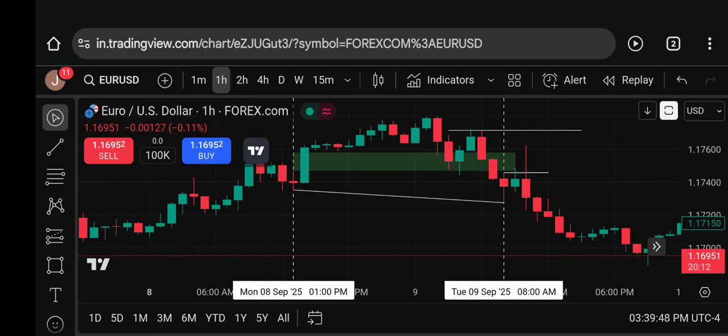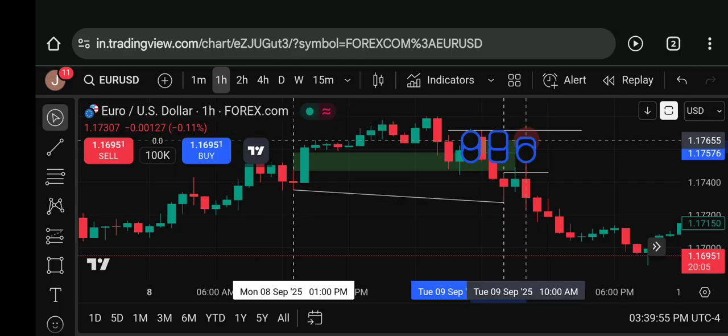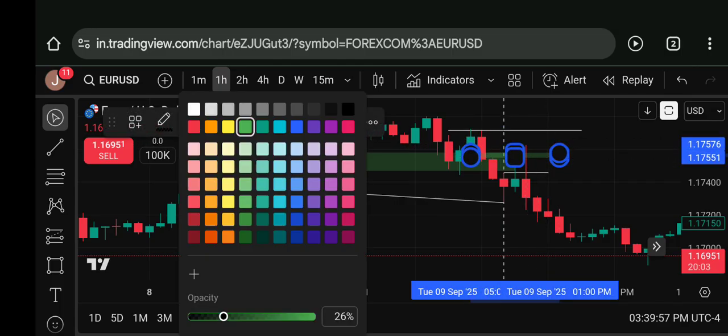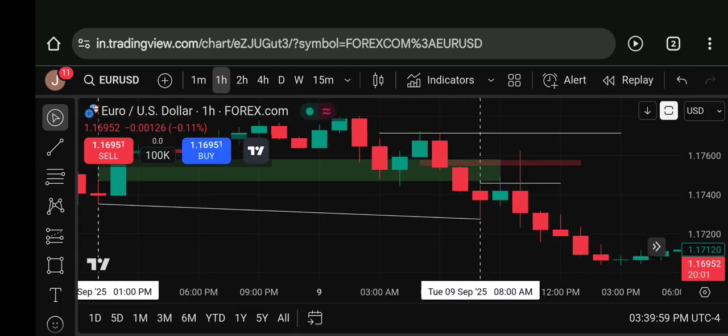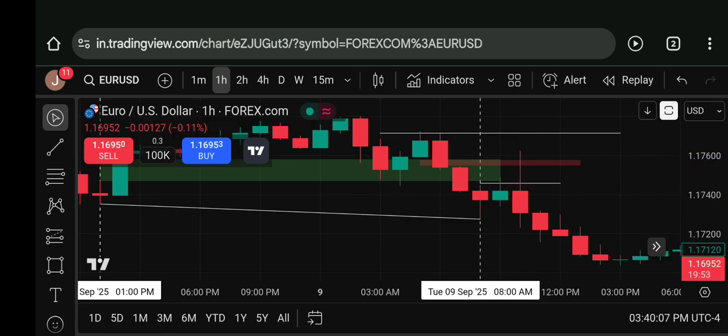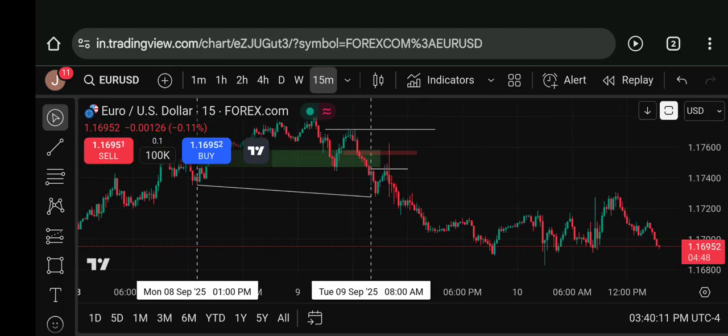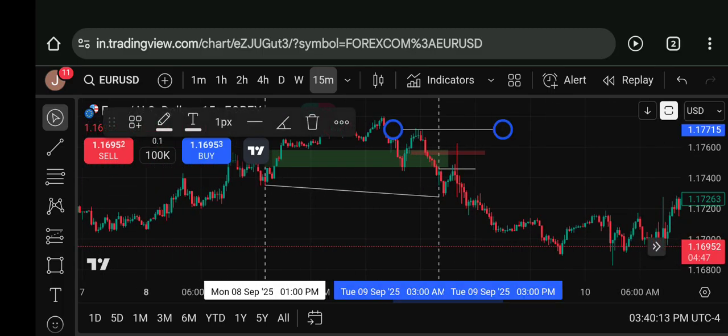but no, I entered, and also there were opposing PDRAs, that is this 1 hour bearish fair value gap. Also there was this opposing PDRA, and as you can see, price entered and then took us down. So my only problem was, I should have waited for this market structure shift.